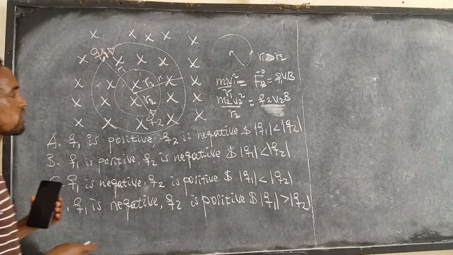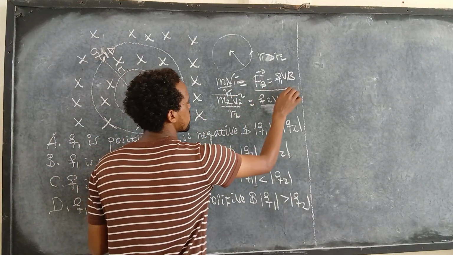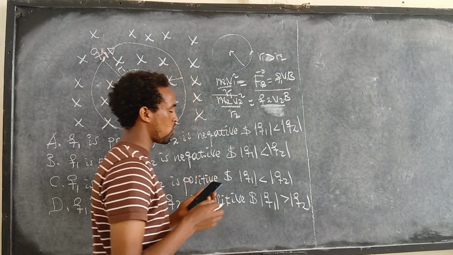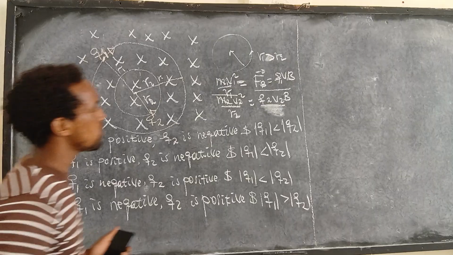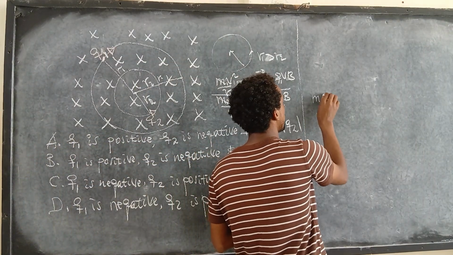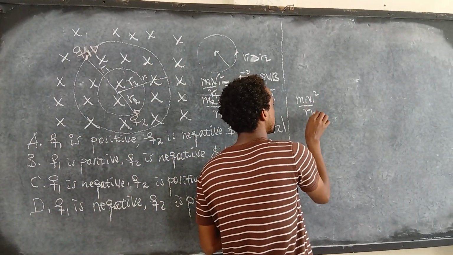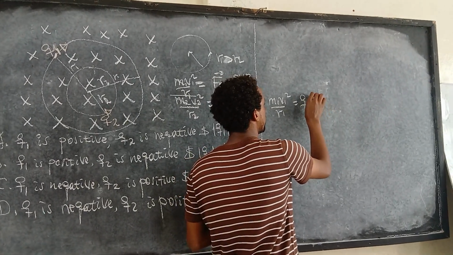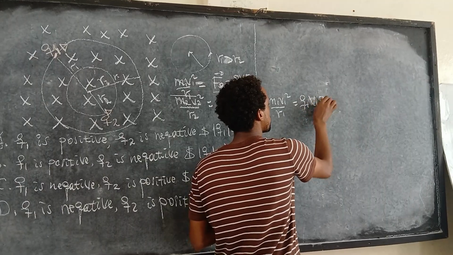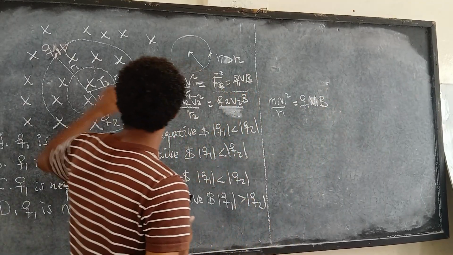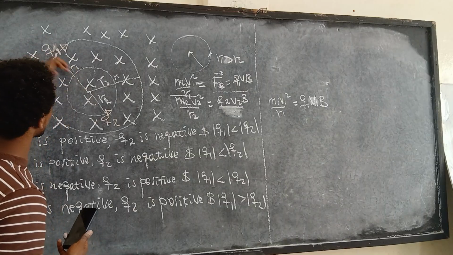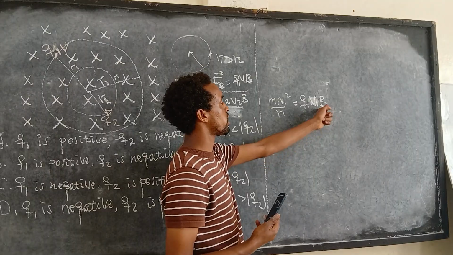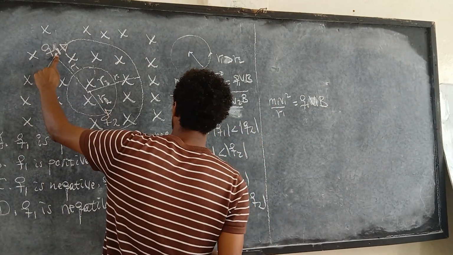Then let's compare these. Let's divide this one by this one. The masses are equal, so mass 1 V1 squared over R1 is equal to Q1 V1 times B. This is the centripetal force that keeps this charge rotating here, because the centripetal force is provided by the magnetic field on this charge at this point.